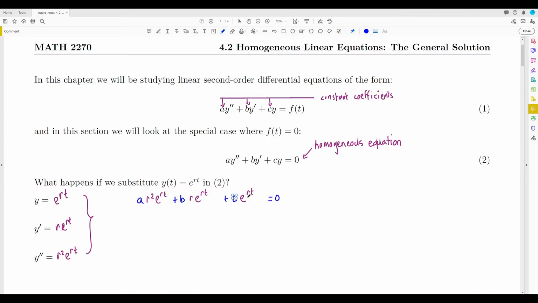Now note that all these terms have a factor of e to the power rt, so we can factor that out. And so if we factor that out, we get e to the power rt, and then we get a times r squared plus b times r plus c.